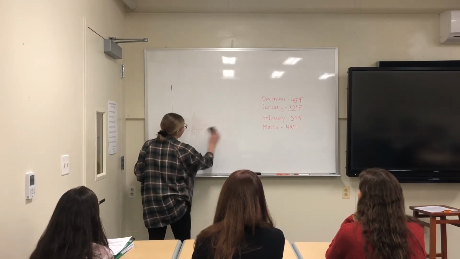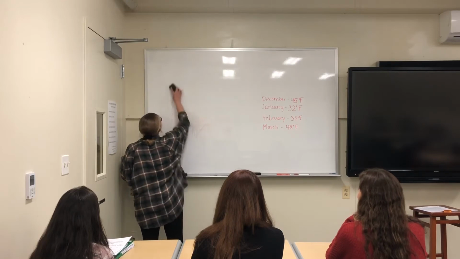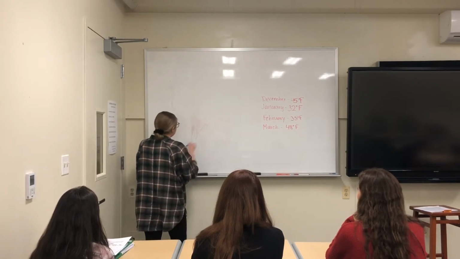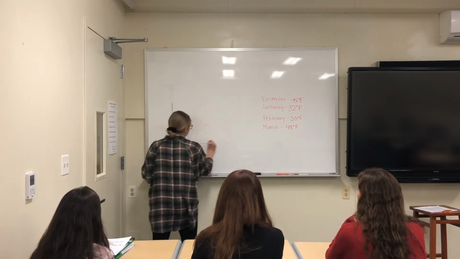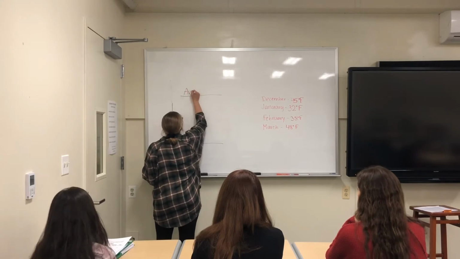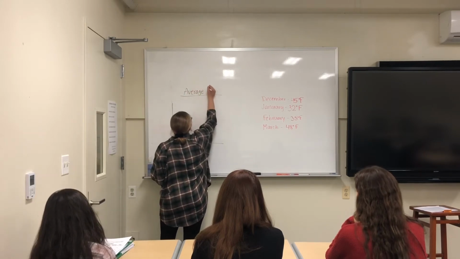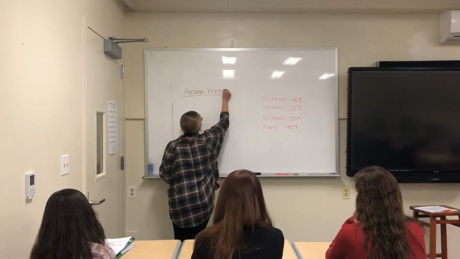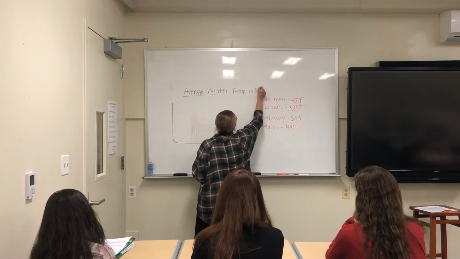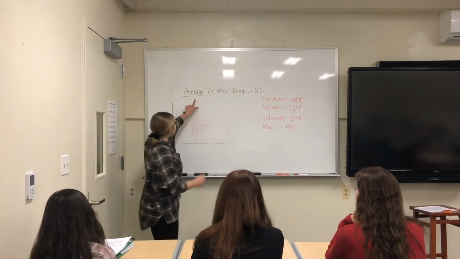And we're just going to refresh our memory about the parts of the graph to see what we remembered. So if I put this here, average winter temperature in New Jersey, because that is our region, what would this be?